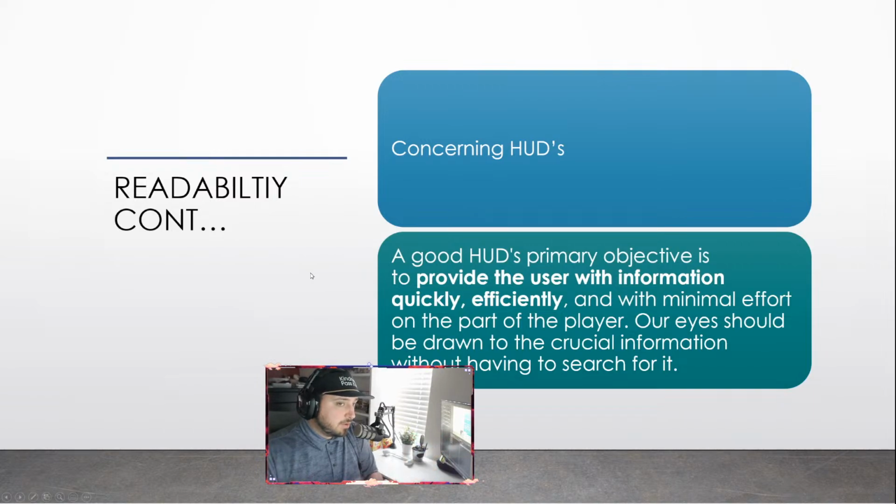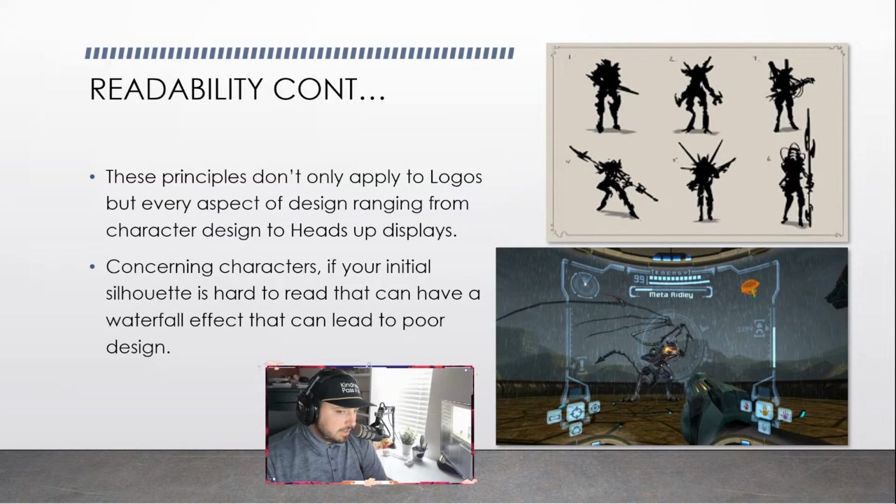When we're talking about good HUDs, good heads-up displays, a good HUD's primary objective is to provide the user with information quickly and efficiently. I'm fighting a boss. What can I tell on my screen? I've got this much health left, this much energy left. My boss's health bar is right above the screen.